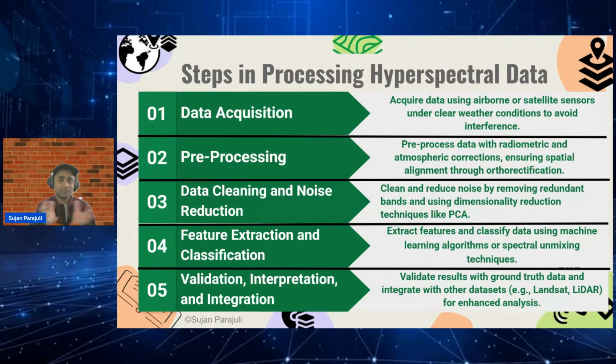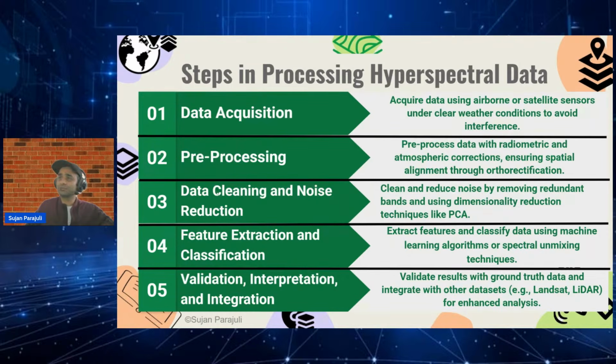We start with the simplest one: if one variable is good enough to explain your model, you start there. If not, you keep adding different variables. It's the same here. If a limited number of spectral bands is enough to extract the features, then you don't need a lot of spectral information.